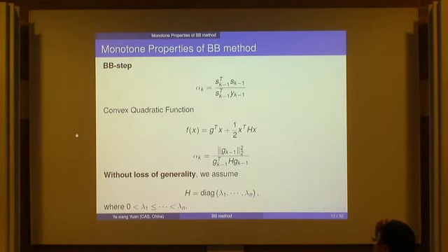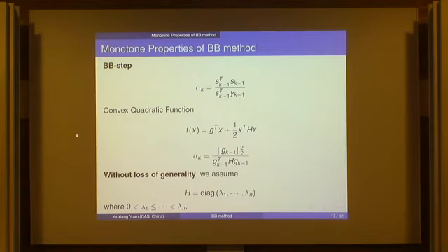Now look at the BB step, which is defined by the step size, which is roughly the second curvature of the function in the previous iteration. Because we are also assuming the function is a convex quadratic function, which is a simple case, alpha k can be easily computed by this formula.